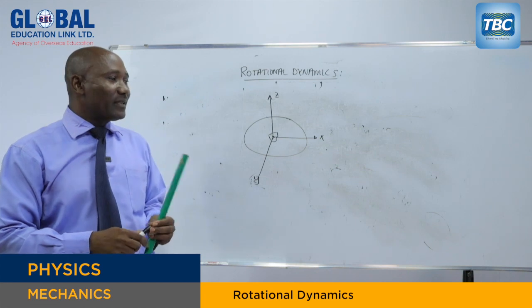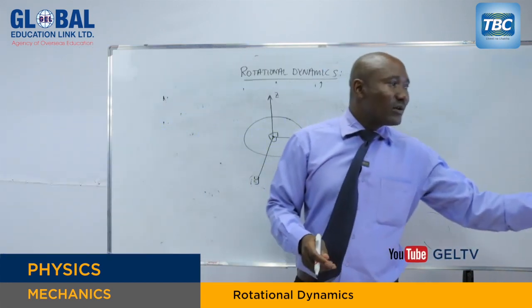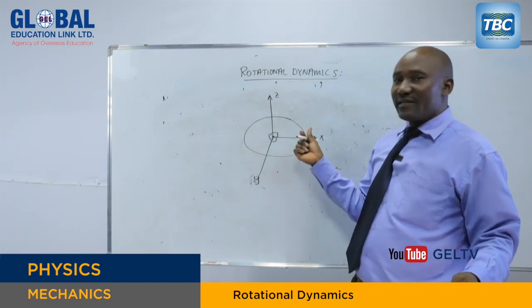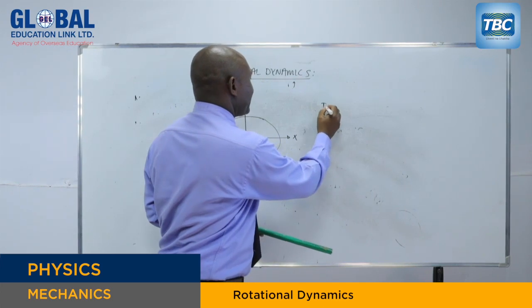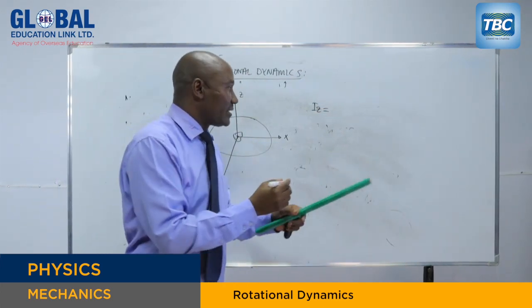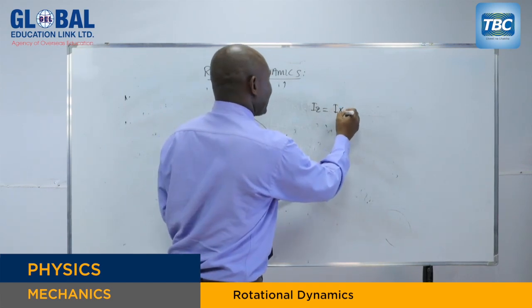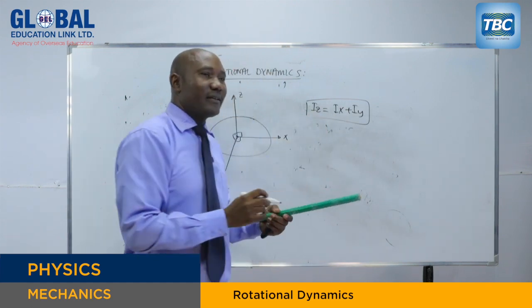So the theorem says the moment of inertia about the axis which is perpendicular to the plane, as we see, is Z here. So Iz equals the sum, Ix plus Iy.